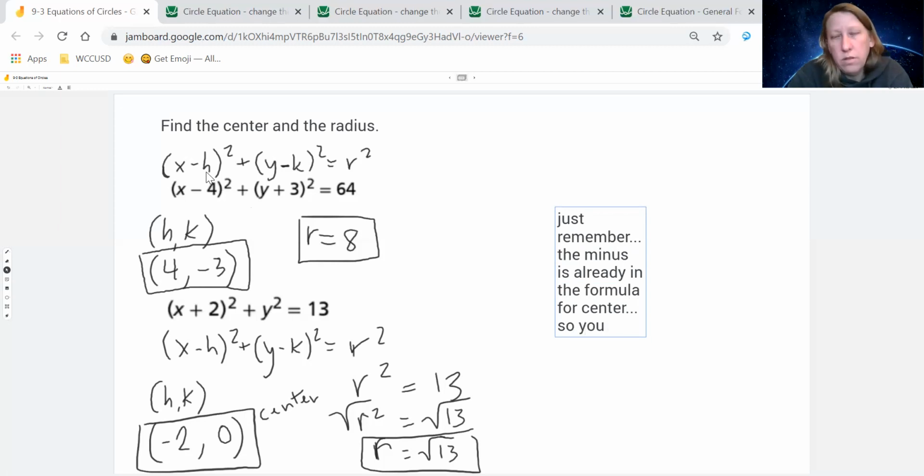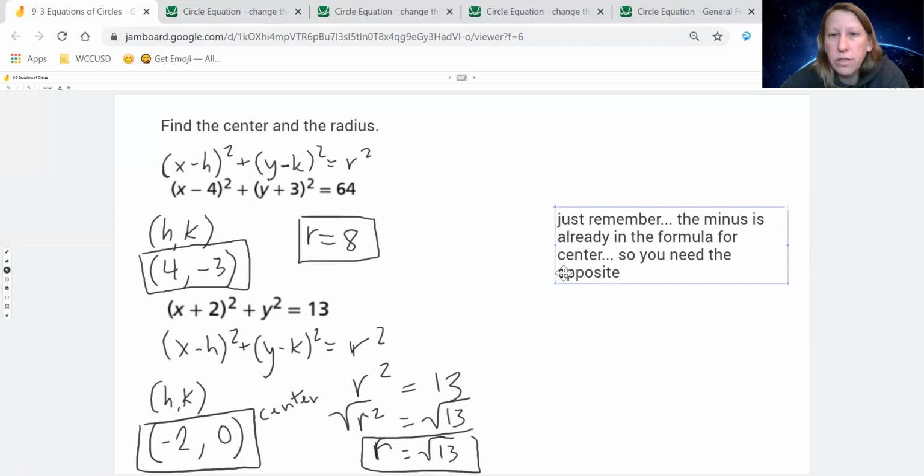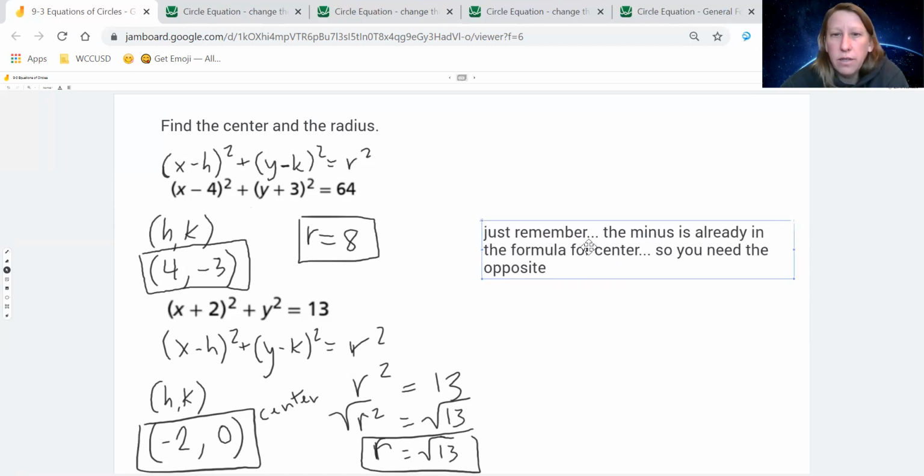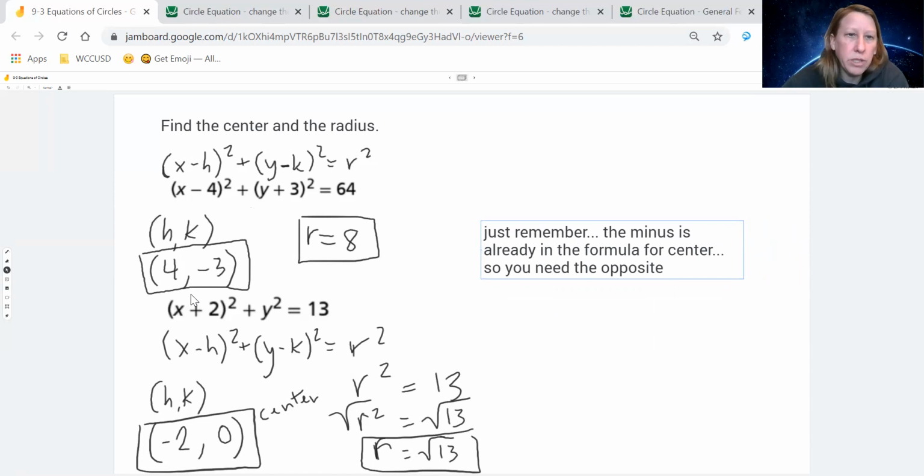So when you're looking at this -4, you actually need the opposite. This is the only place where students get confused. When you are trying to find the center, the minus sign's already in the formula. So this +3 has to become -3, and this +2 has to become -2 if you're locating the center.